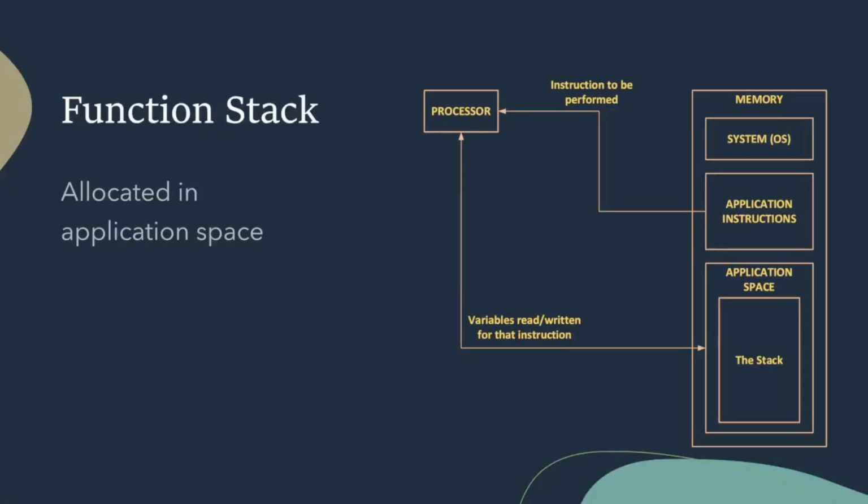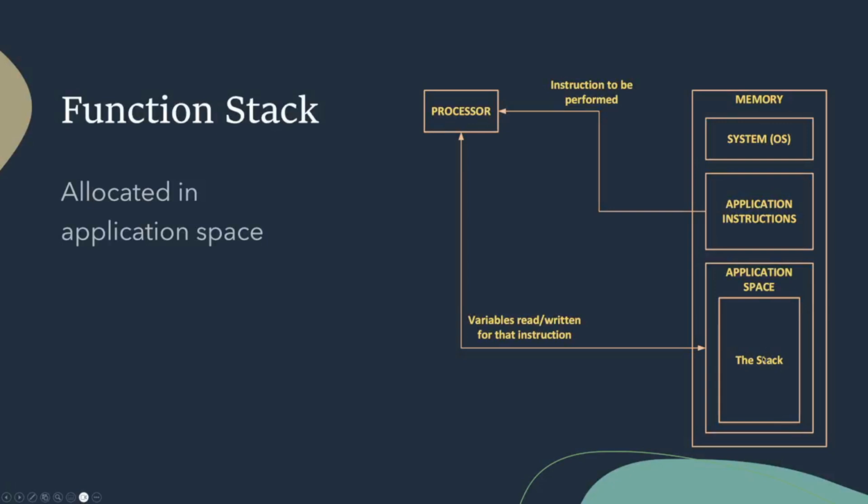Think back to the first discussion on variables. We talked about this model of the computer. And so we have memory, and in memory, we have instructions for the operating system. We have application instructions, and then we have an application space. And the way you can kind of think of this is that each function is allocated what's called a frame in what's called the stack.